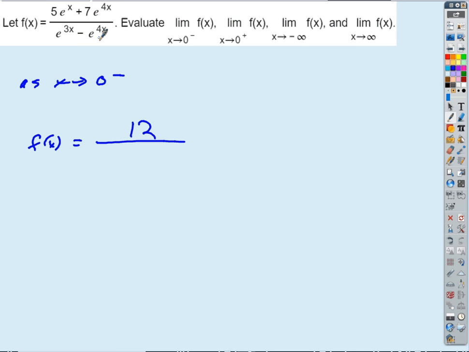When you've got terms that are being added. If I plug in a small negative there, I'm going to get e to a very small negative minus e to a very small negative. That's hard to tell, right? Anytime you have indeterminacy like that, 0 minus 0, that's very difficult to deal with.